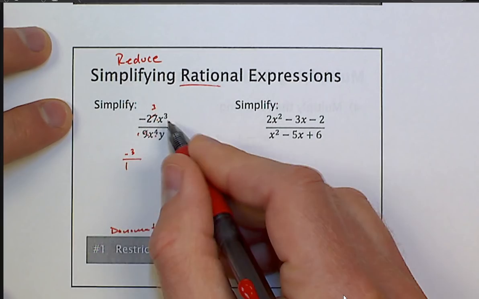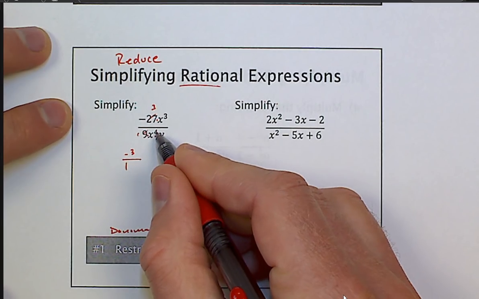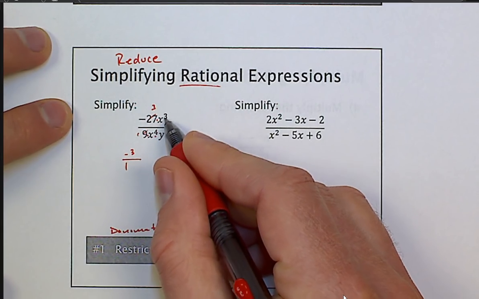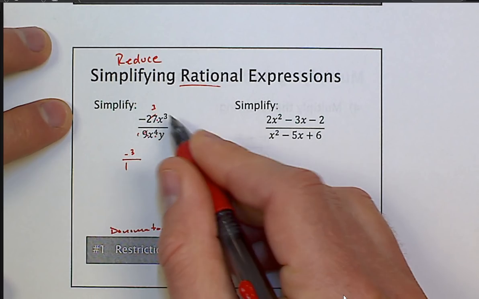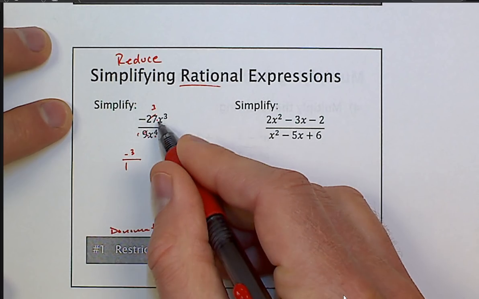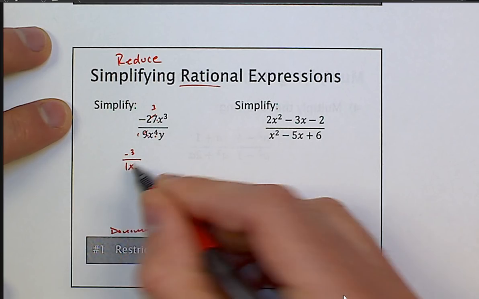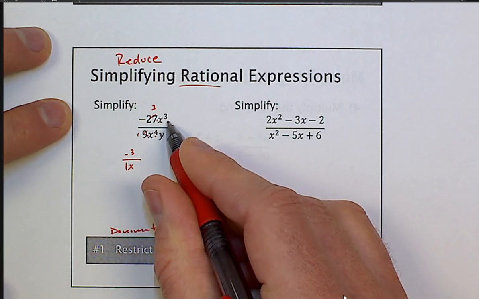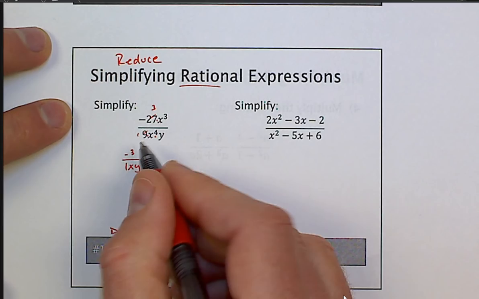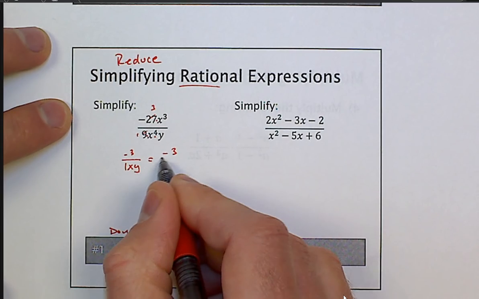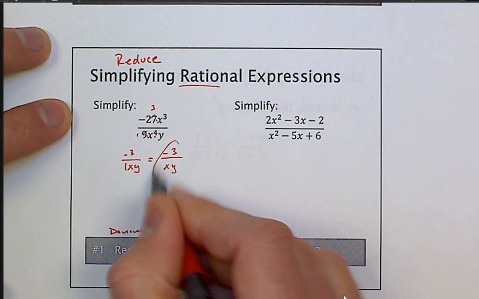We have x to the third and x to the fourth on the bottom. If we were to slash out x's, 3 x's on the top would slash out with 3 x's on the bottom, which would leave you with 1 x on the bottom left over. And there's no y's on the top, there's just 1 left on the bottom. So our final answer would look something like this, negative 3 over xy.